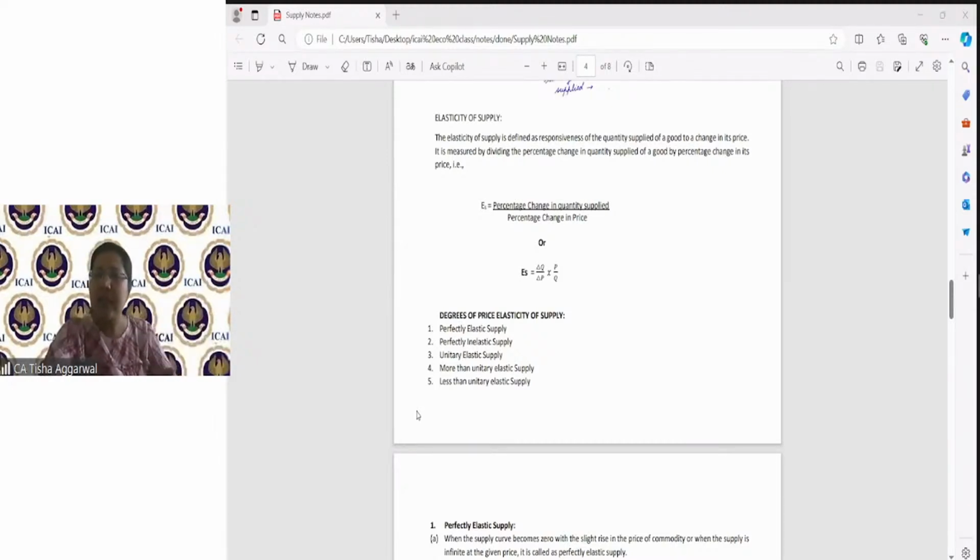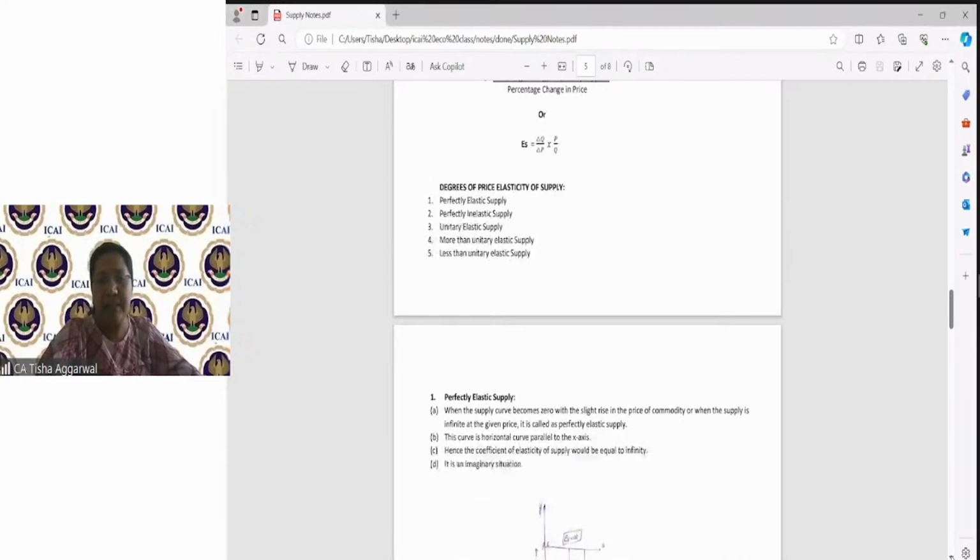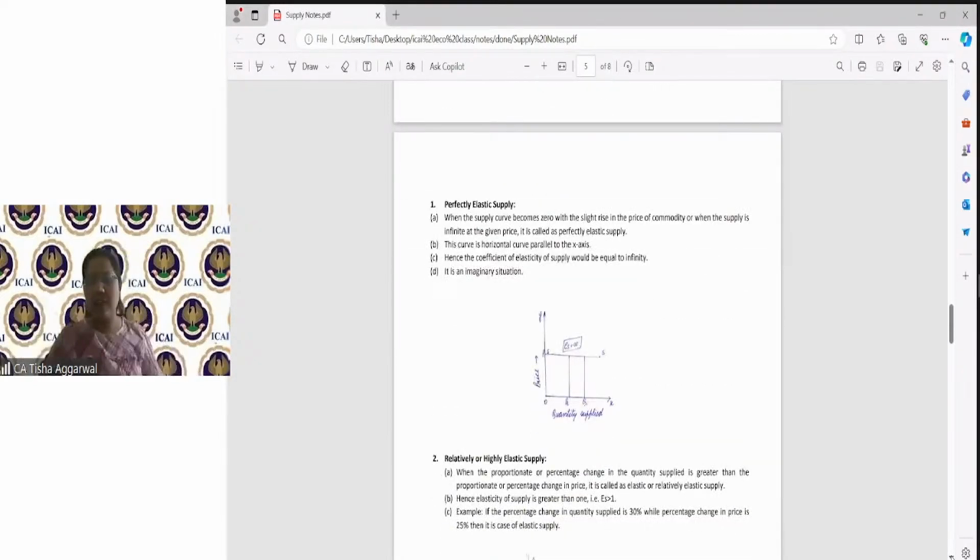Correct? So in the same way here, if you talk about the elasticity of supply, the first one is the perfectly elastic supply. Perfectly elastic supply is again a very imaginary situation wherein we presume that at the same price, any quantity could be given. So when the supply becomes zero with a slight rise in the price of a commodity, this is what is known as the perfectly elastic supply.